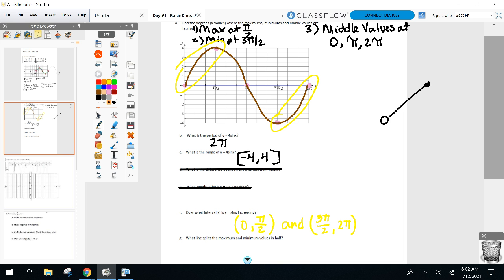And then can you guys give me a name for the line that splits the min and max in half? So here's the min, here's the max. Anybody want to tell me the line that splits it in half? If I had you draw the line right now that splits those in half.